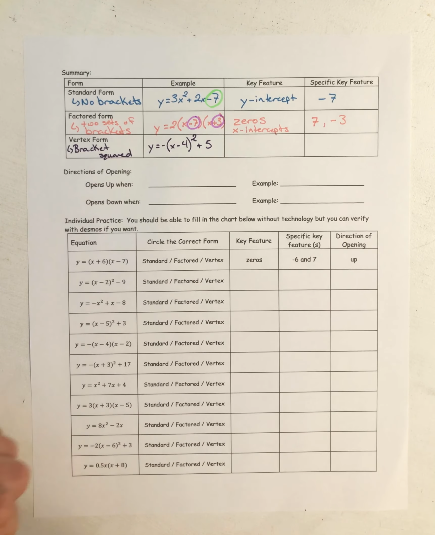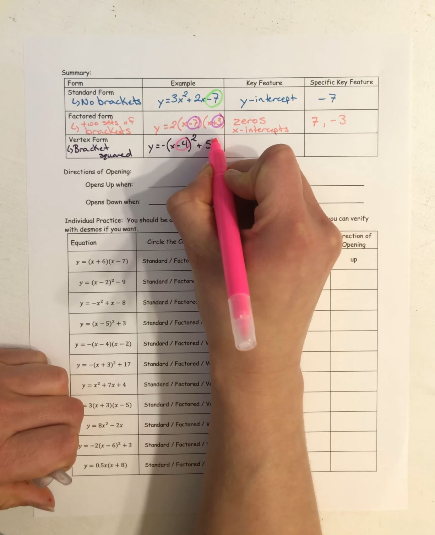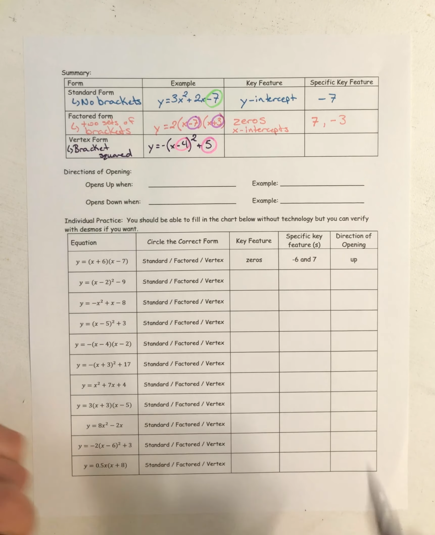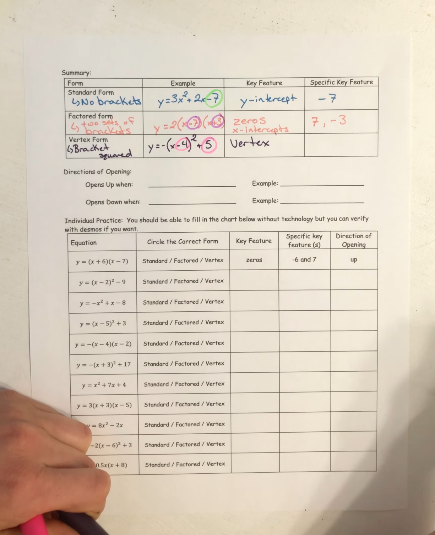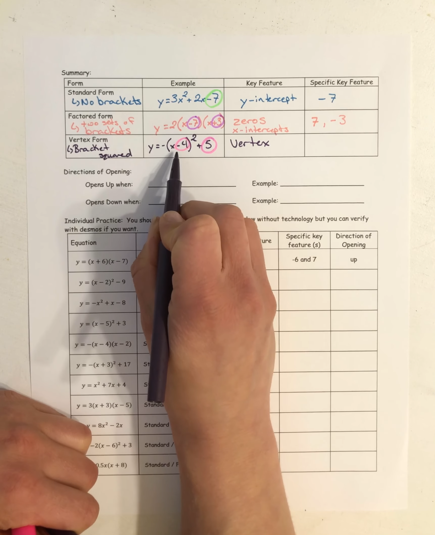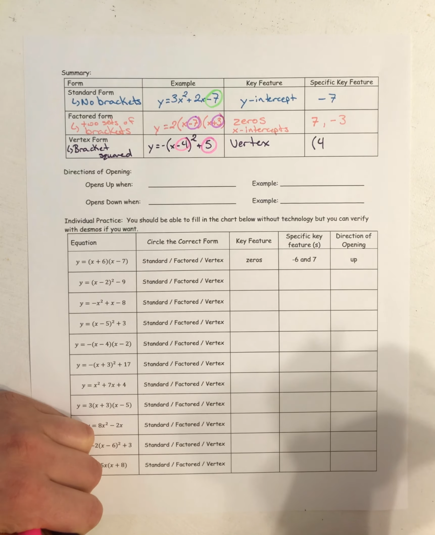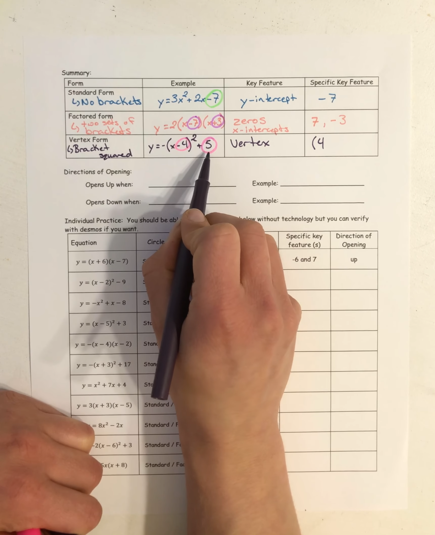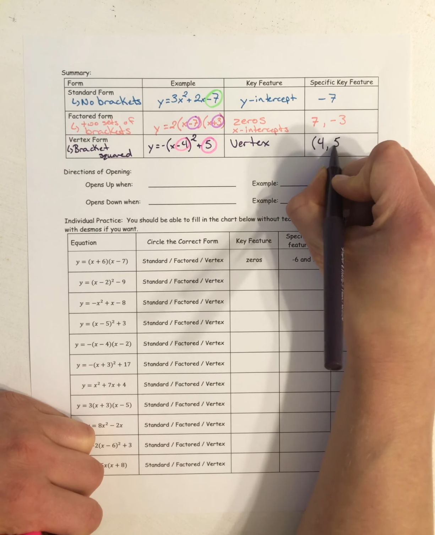It's going to give us the negative 4 here and the positive 5 here. And this is going to give us our vertex. Right, the vertex form gives us our vertex. So when we pull this out of the bracket, the sign needs to change. So it is going to be a positive 4. Okay, and this is our x spot. And because this is outside the bracket, it does not need to change. So it stays as a positive 5.